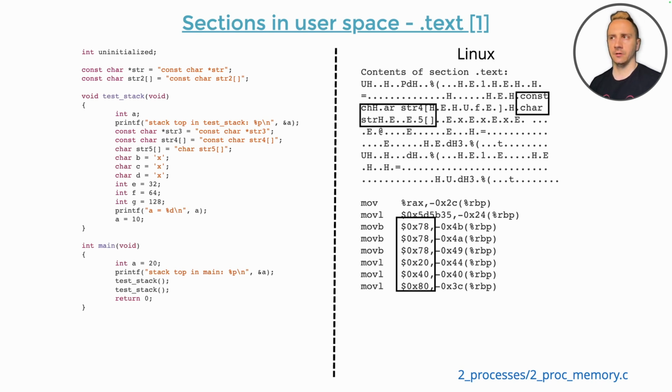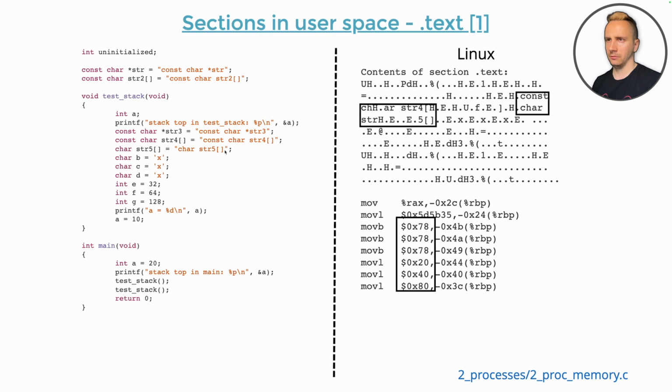Not exactly as they are written in the source code, but you can clearly see them right here as symbols. You can also see the assignments 0x78 3 times and 0x20, 40 and 80. Those are the assignments which are also available in the source code. So we see that this resembles our original code, and we can even see some values from our code. And we see specifically the strings str4 and str5.